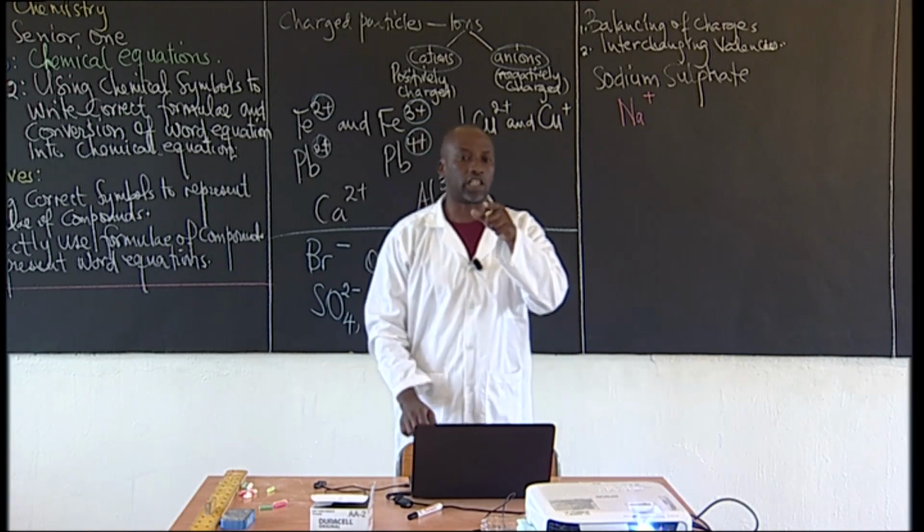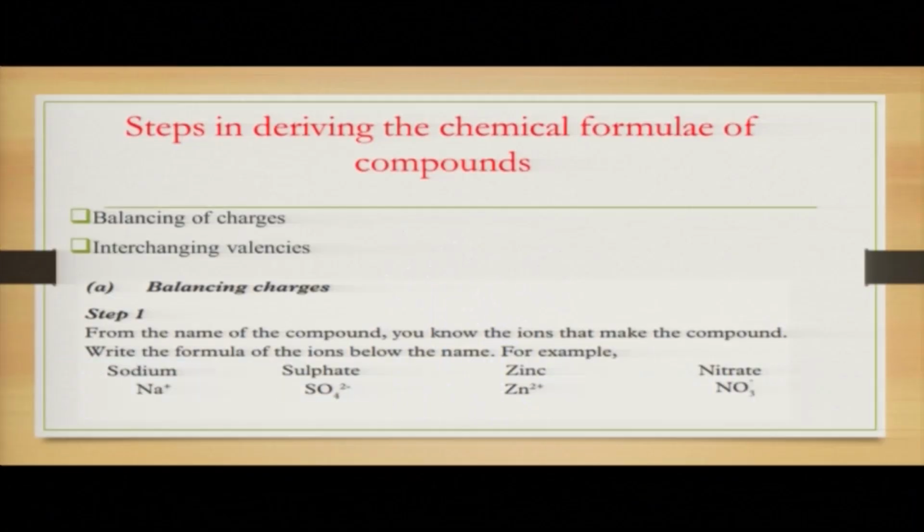Look at your periodic table. I told you need the periodic table as well because the periodic table will tell you the location of the element, and it will help you to know even the valency of that element because the group number on the periodic table represents the valency of that element as well as the charges. So this is the charge number.